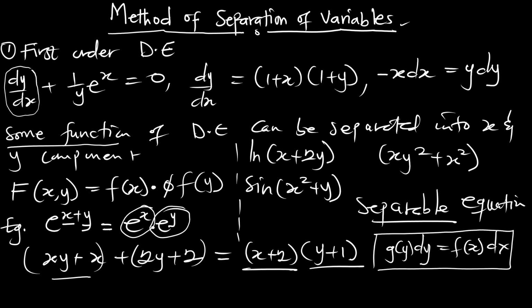Always, if you want to solve a first order differential equation, and what I mean by first order is that the highest derivative has order 1. In such a separable method, we always group a function of y with dy on one side of the equation, and we group a function of x with dx on the other side of the equation. So let's see an example.